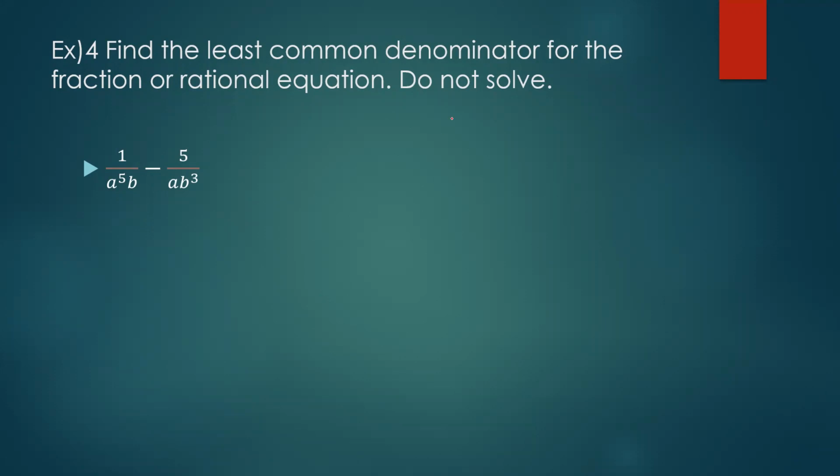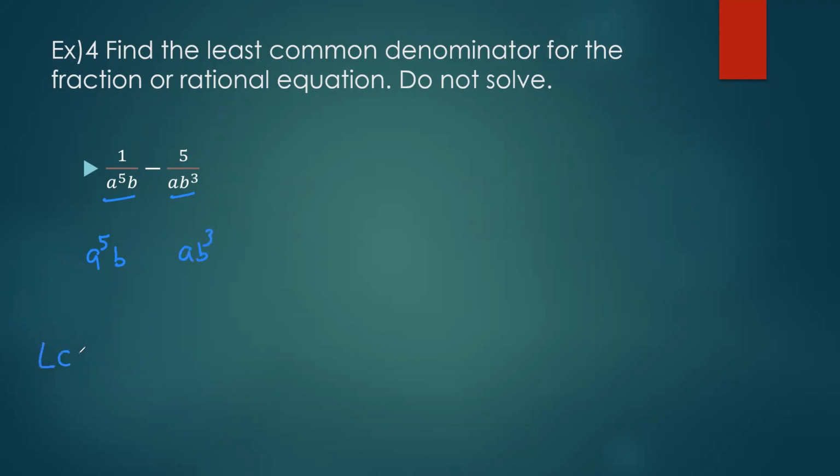Now we're doing letters. If we look at our bottom, we have a to the 5th times b, and a times b cubed. I think it's in the most prime form. You can't really break it down. So you have a to the 5th and b to the 1 here, and then over here you have a times b cubed.